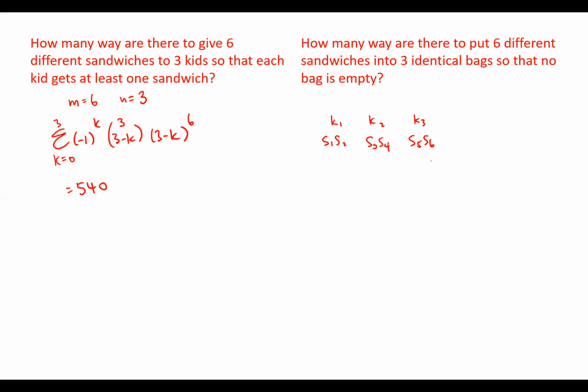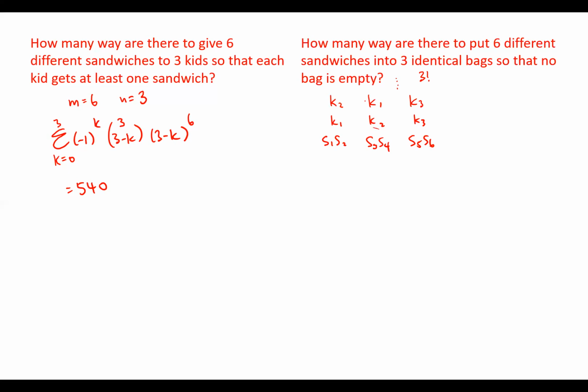If these are identical bags, then this distribution would be the same as kid 2 being here, kid 1 here, and kid 3 here. Those are the exact same distributions, because they're now identical bags. I can list out 3 factorial of the same distributions, so K1, K2, and K3 can be reorganized in 3 factorial different ways.